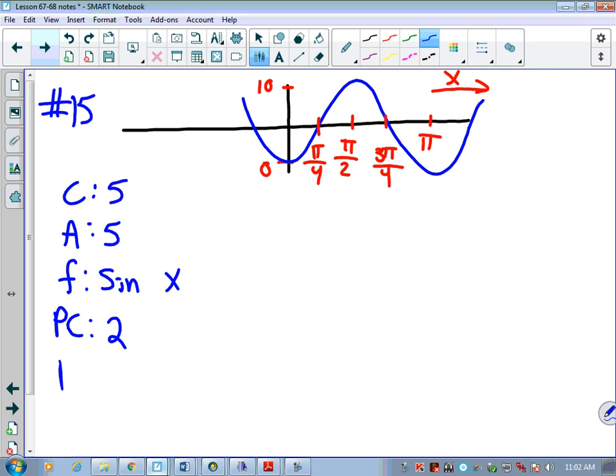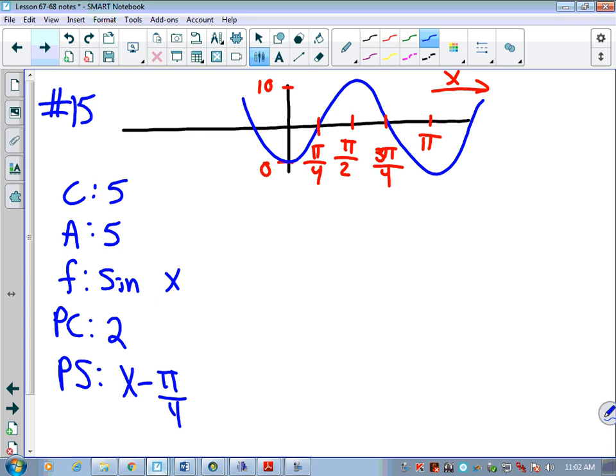Now we have to deal with our phase shift. The phase shift here is it's crossing going up at pi over 4, and it's to the right. So what we're going to use is x minus pi over 4. Does that make sense?